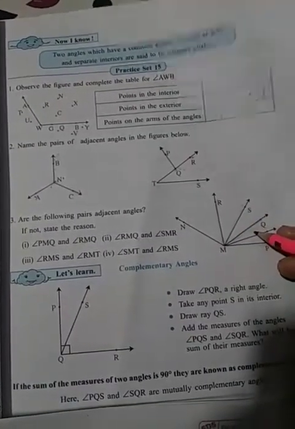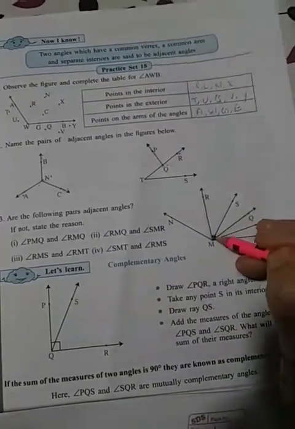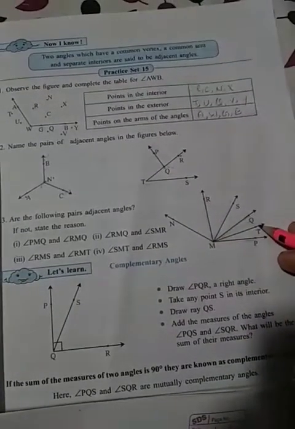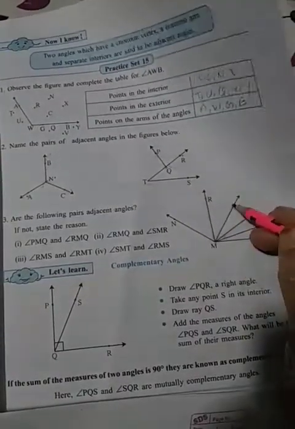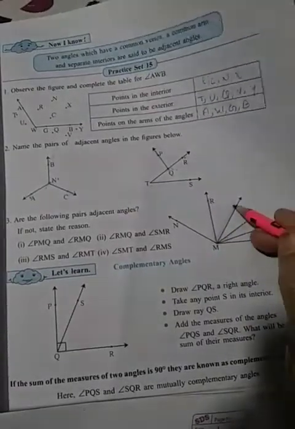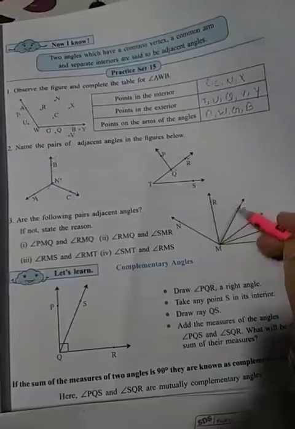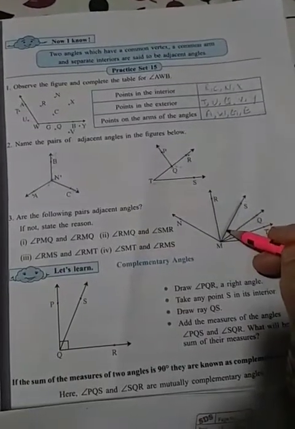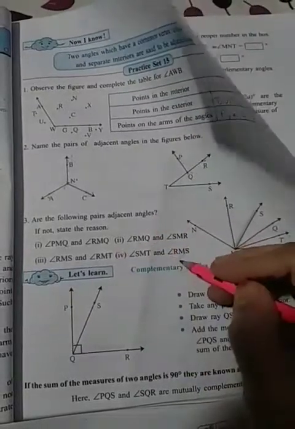See the next one. Angle SMT and angle RMS. Here MS is what? SMT, SM, RMS and MS. This is the common arm. So this one and this one is what?